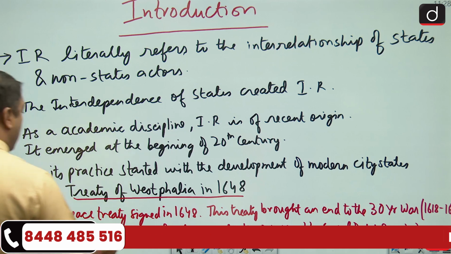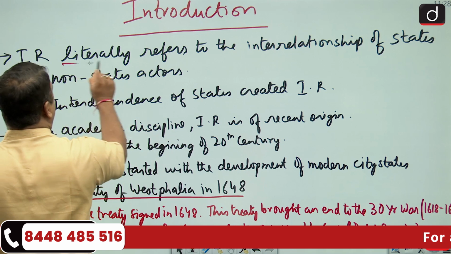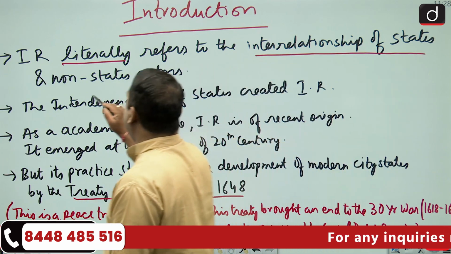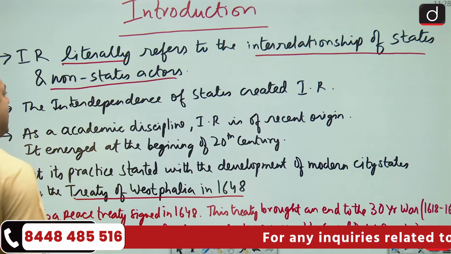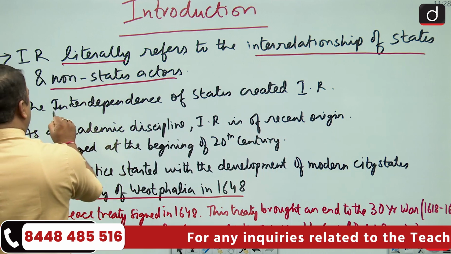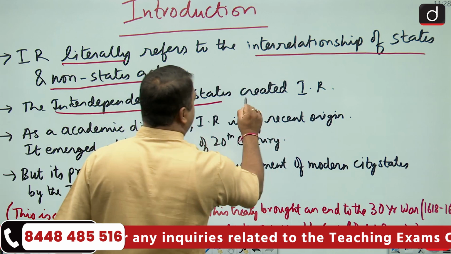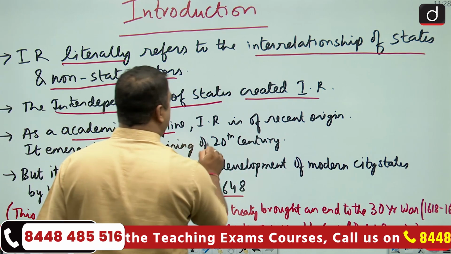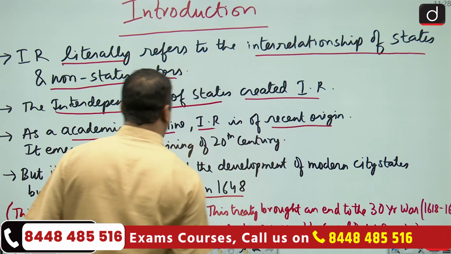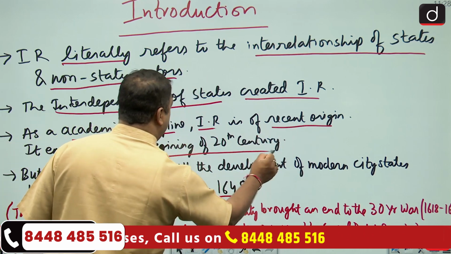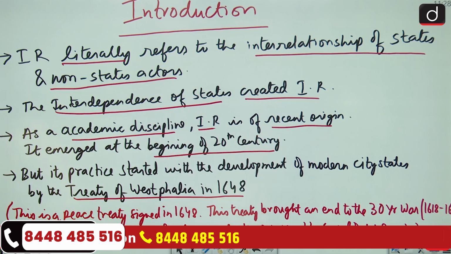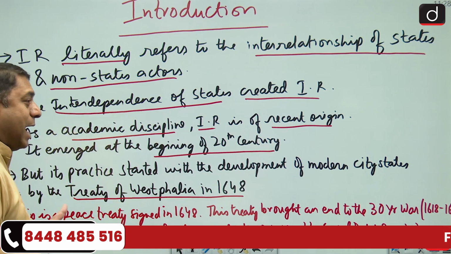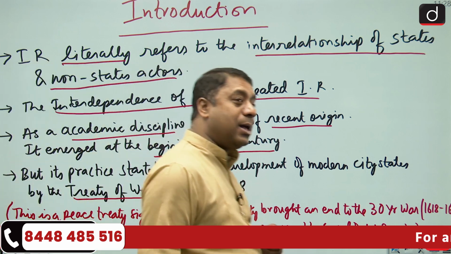Okay? So overall, I told you IR literally refers to what? Interrelationship between state and non-state actors. So the interdependence of states, it created what? IR as an academic discipline. IR is of recent origin, that is the beginning of the 20th century. 20th century means somewhere around the 1930s. And why is the 1930s famous?